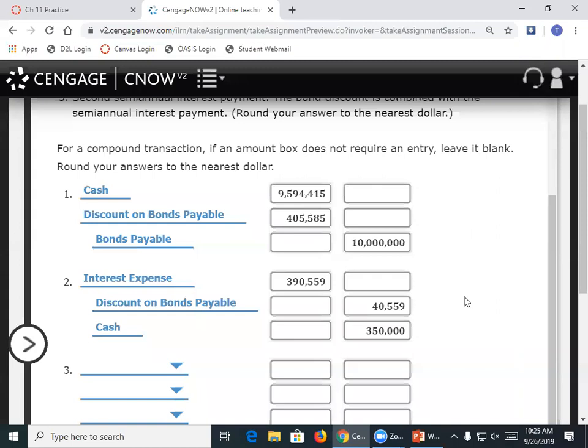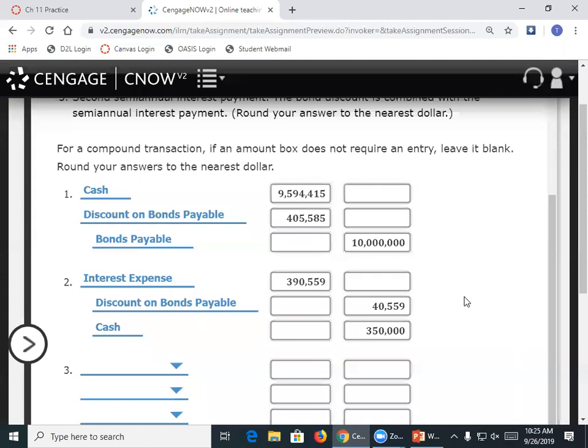Over time, we're going to keep crediting this account. The next time we make an interest payment, we recognize another $40,559 in the discount. That's like December 31st of year one. And that just keeps going for 10 payments.